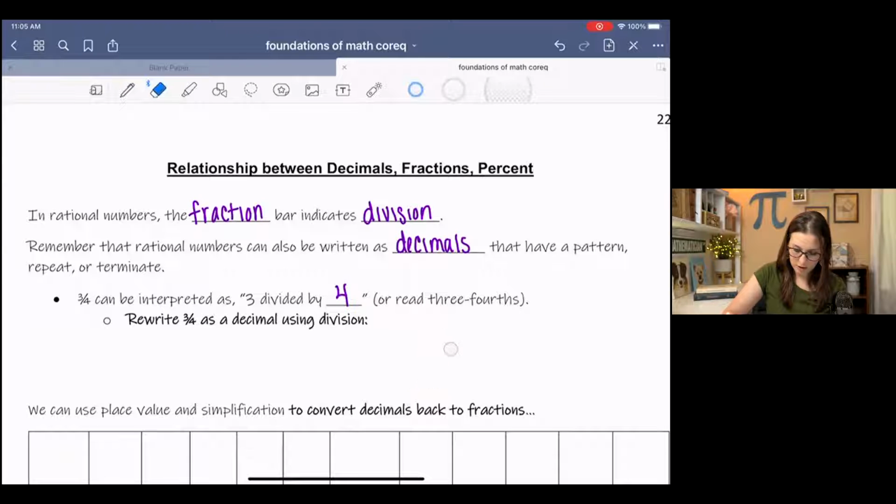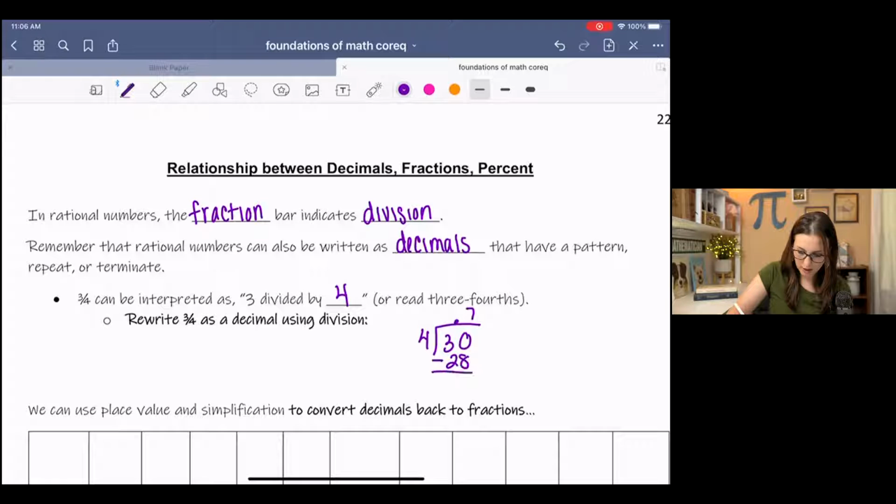Let's rewrite this. 3 divided by 4, 0, 7, 28. We're going to subtract that. We have 2. We need another placeholder. Bring it down. 4 goes into 20 evenly 5 times. So 3/4 is the same as 0.75.